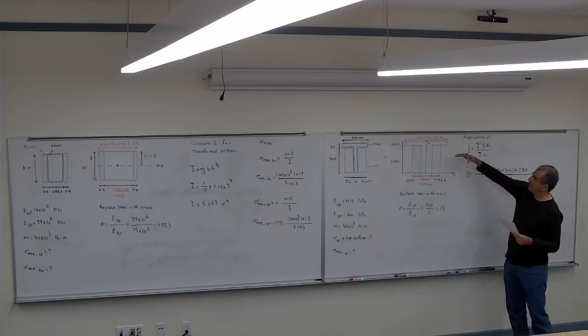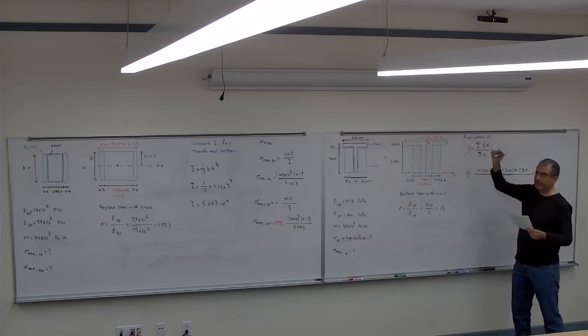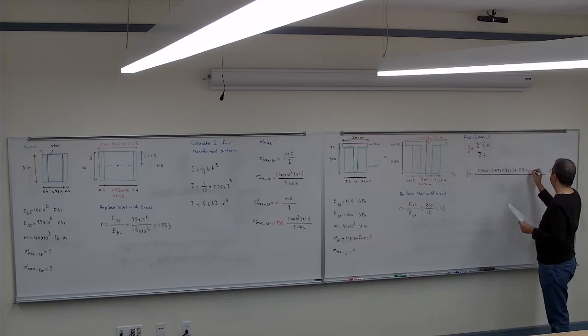So the 300 plus 10. And the area is going to be 3.2 times 0.020.